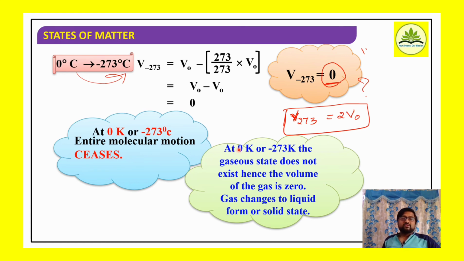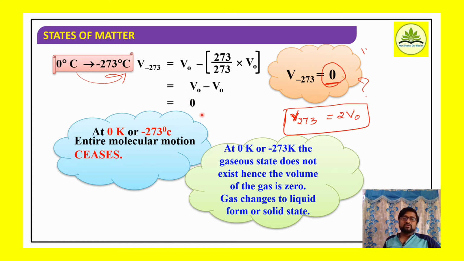Further, at 0 Kelvin, the gaseous state does not exist at all. So when the temperature falls to minus 273 degrees Celsius, there is no gaseous state itself. The entire gaseous molecules get converted into either a liquid or a solid state. Therefore we say the volume of a gas becomes 0.